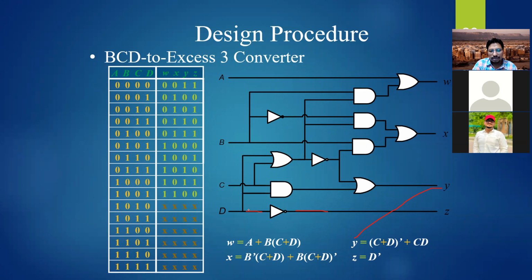C plus D. This is C, this is D. Now I pass them through the inverter. I prime them. Now the result will be added here with C and D. So the result will be the prime of C plus D, plus C.